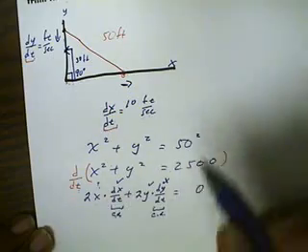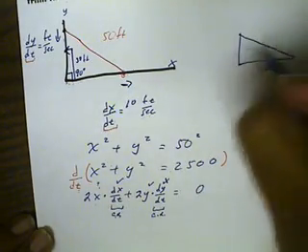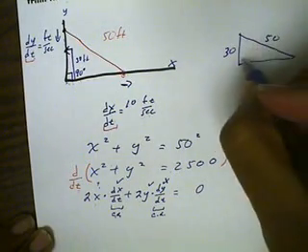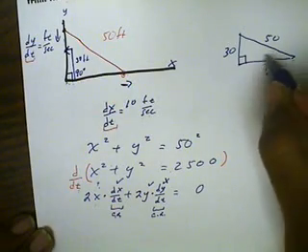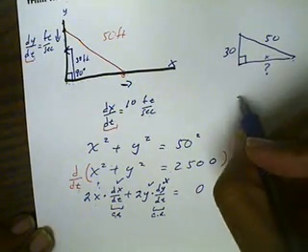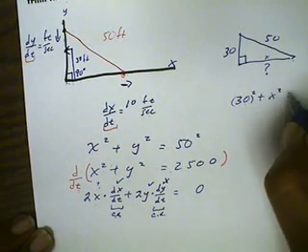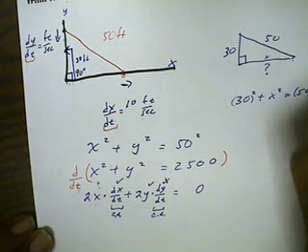So, that distance. Well, we know, according to the Pythagorean theorem, if this is 30 here, 30 feet, and this is 50 feet, and this is a right triangle, the x feet there can be found by 30 squared plus x squared equals 50 squared.